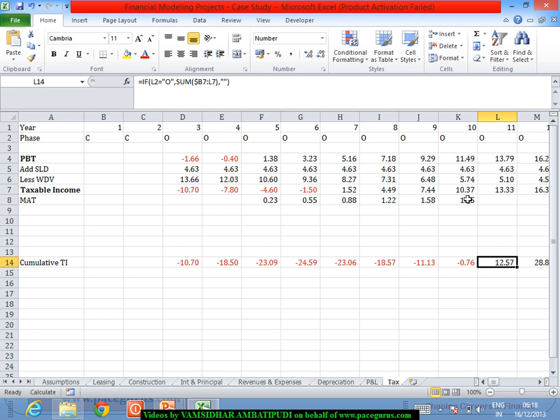So even in the years when I am actually getting profitable, right, on this amount, though I have to pay a tax, which is the corporate tax, I can still remove the MAT credit out of that, and I can pay the remaining balance as the tax, right?